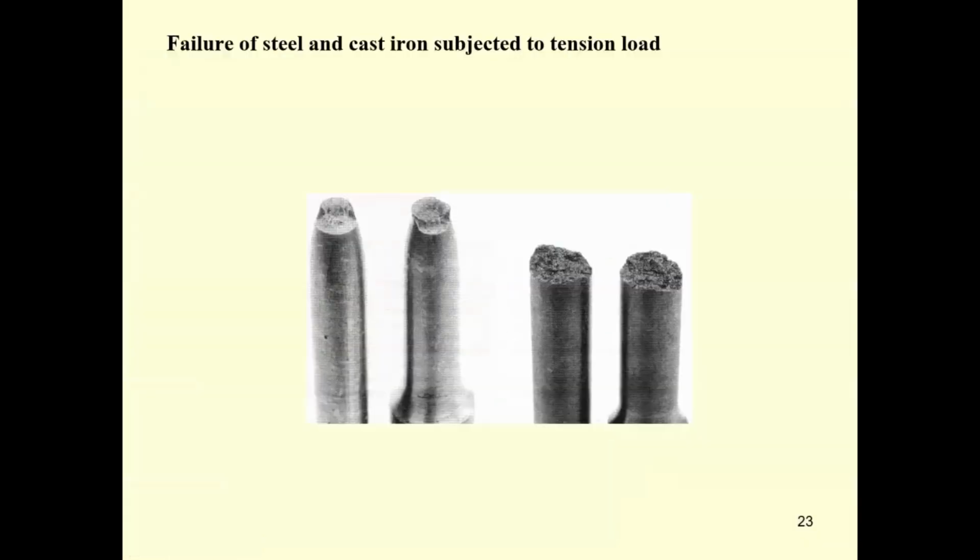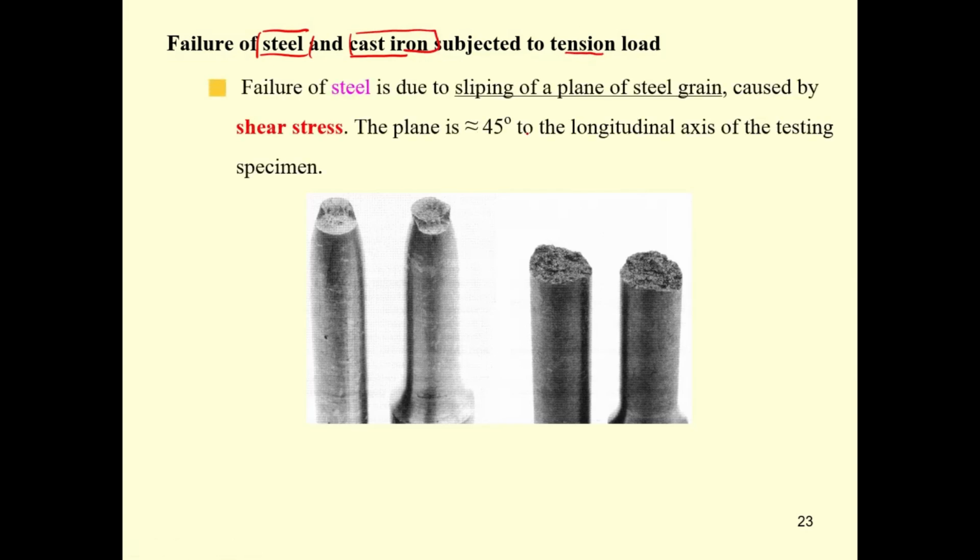Now, there are steel and cast iron in our laboratory number 3. When we test them in tension, the steel fails by necking. Due to the necking, the steel is subjected to the normal stress, and then it causes the slip of the plane of the grain.